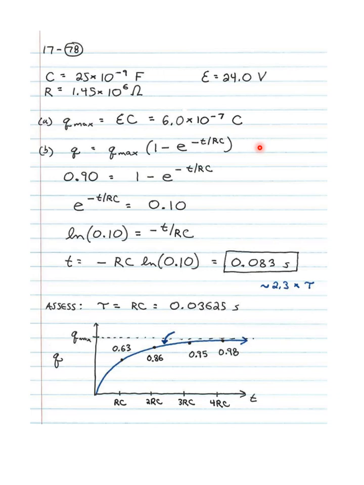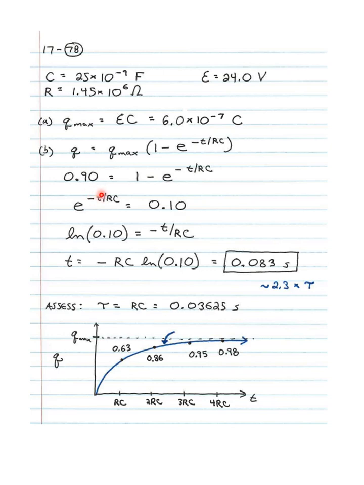Now for part B, that's asking how much time to get to 90%. So let's look at the equation that I've done here. If we do Q equals Q max times the exponential function, divide Q by Q max, and we get 90%.